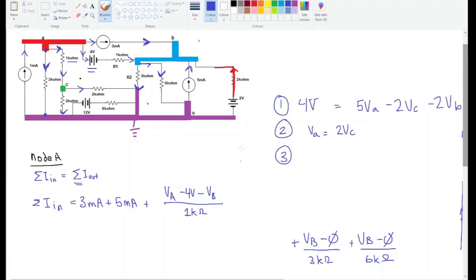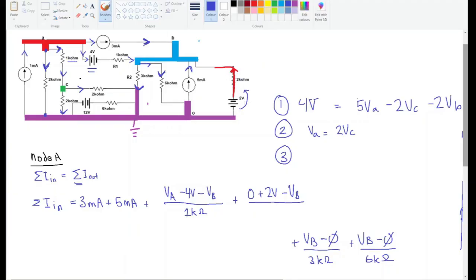So this current over here is going from the ground, right? So it's going from the ground and gaining 2 volts, so it's ground plus 2 volts. Then it's going to go through this resistor and head to node B, so that would be minus VB. Remember, we're calculating the current through this resistor.